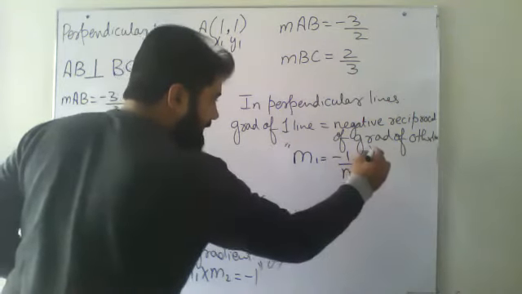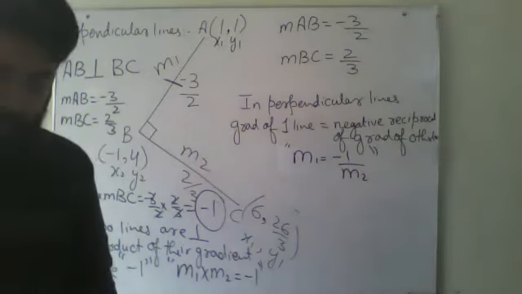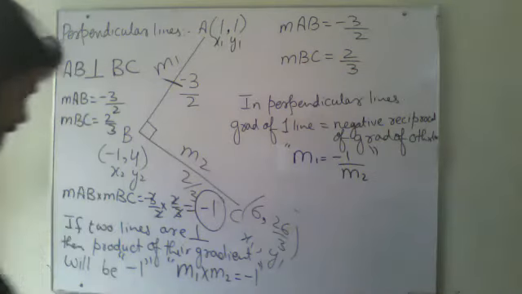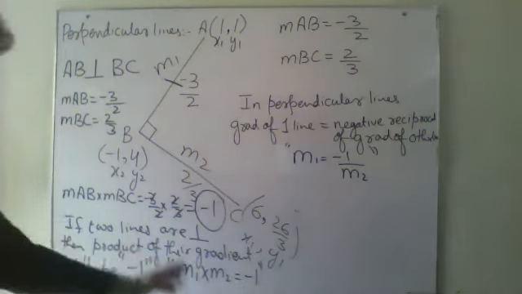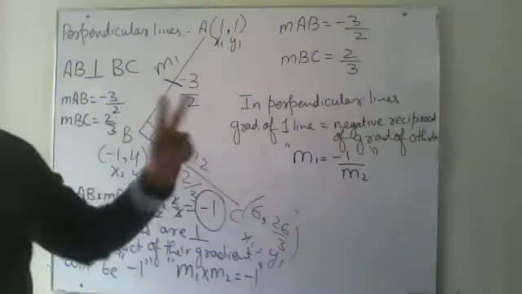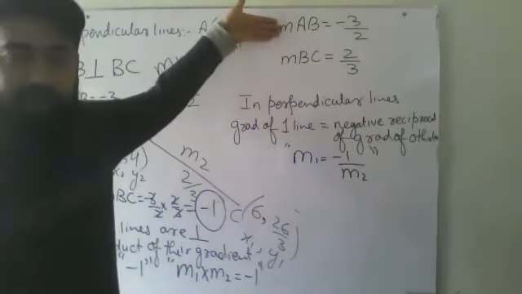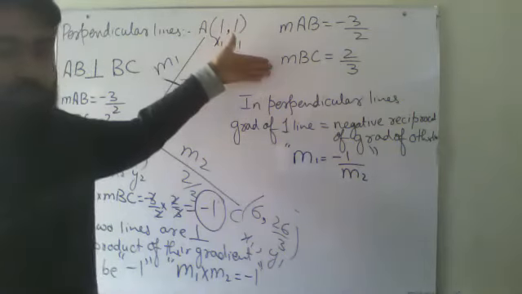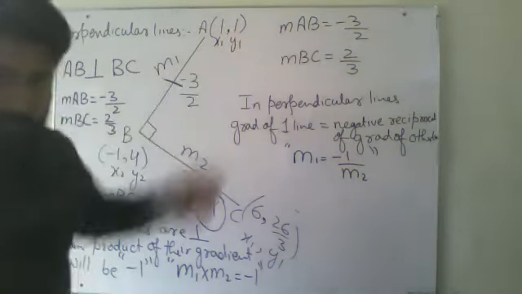So basically they are both the same thing. The first one says if two lines are perpendicular, the product of the gradients will be minus 1. The second says if two lines are perpendicular, the gradient of one line will be the negative reciprocal of the other line.